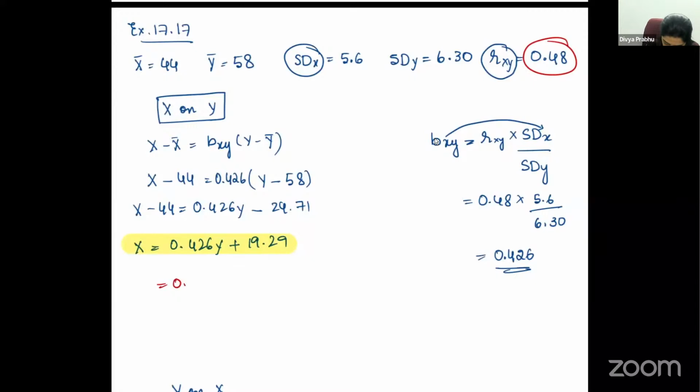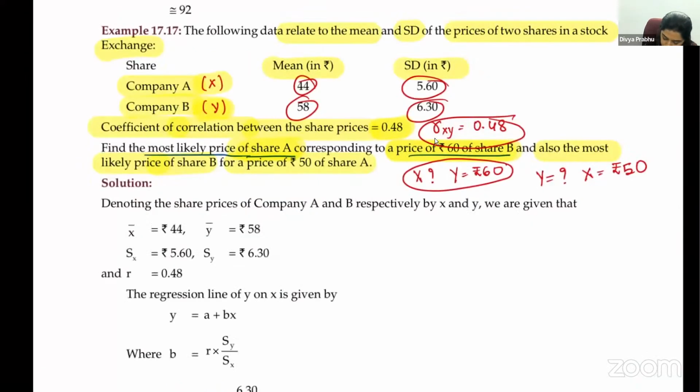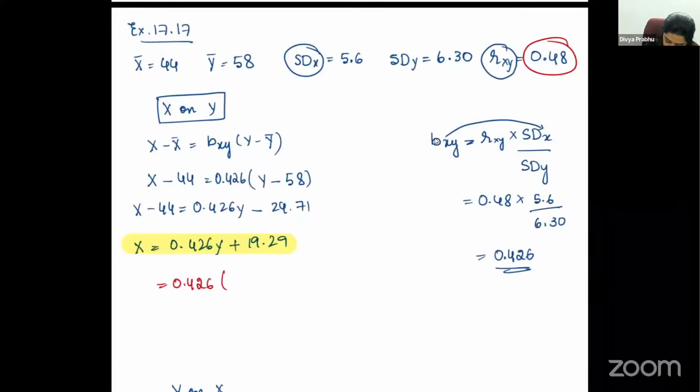That is 0.426 into Y. What is the share price of Y given? That is rupees 60. So Y is equal to rupees 60, plus 19.29. Answer will be 44.85.